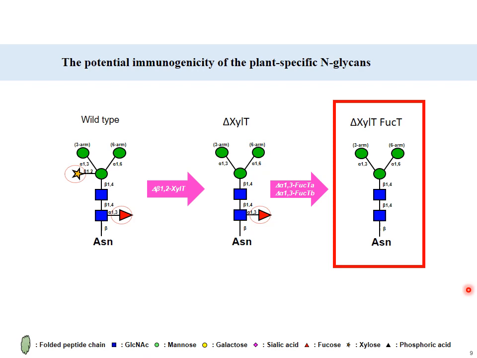I will make a double knockout mutant during the master course, like this. This double mutant produces protein without plant-specific residues.